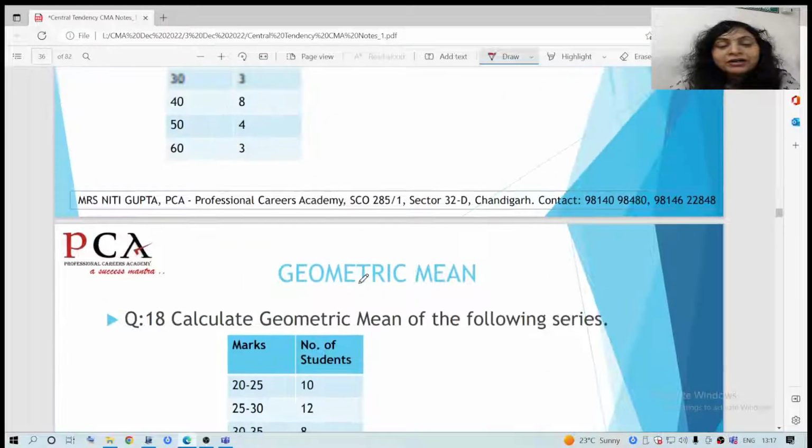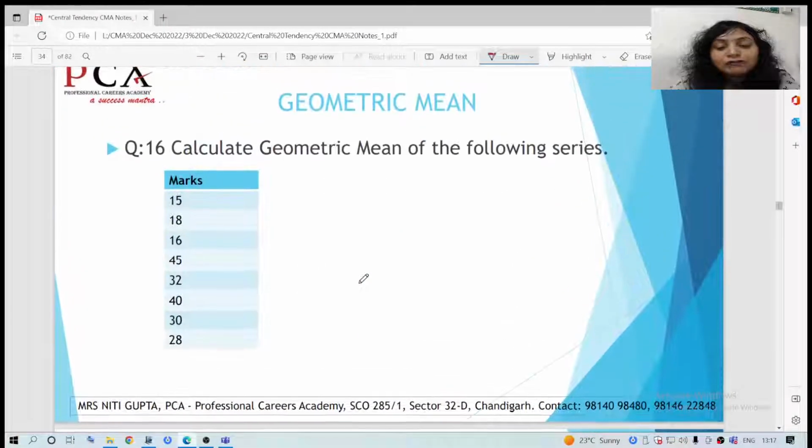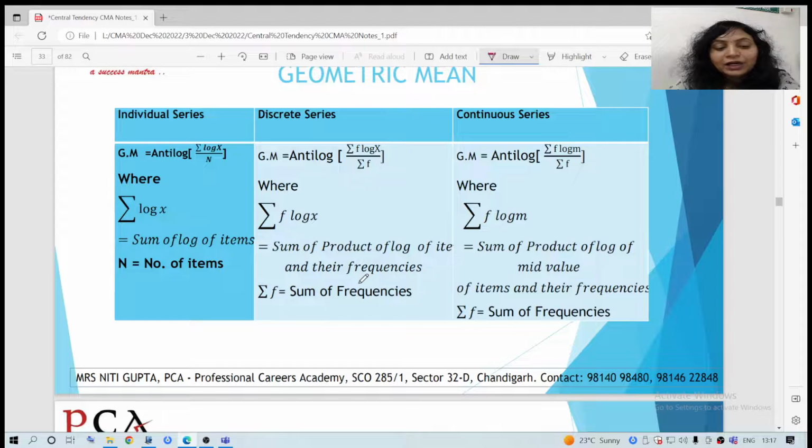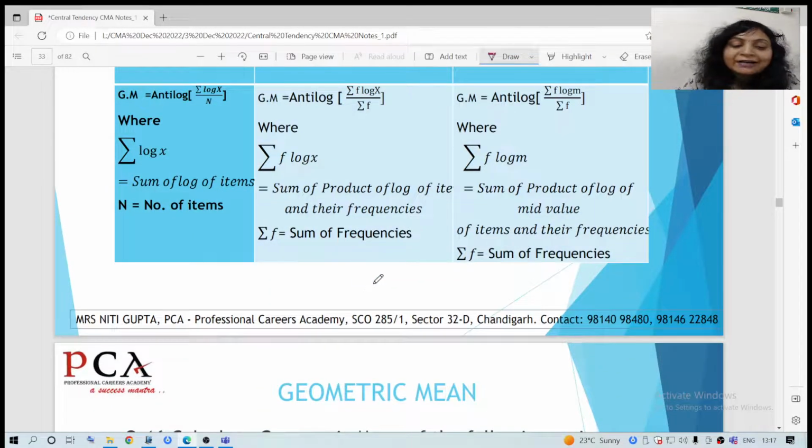So we have formulated the formula of geometric mean by taking log of the expression. So I have already discussed that if there is an individual series, then formula for geometric mean is anti-log of summation log x upon n.